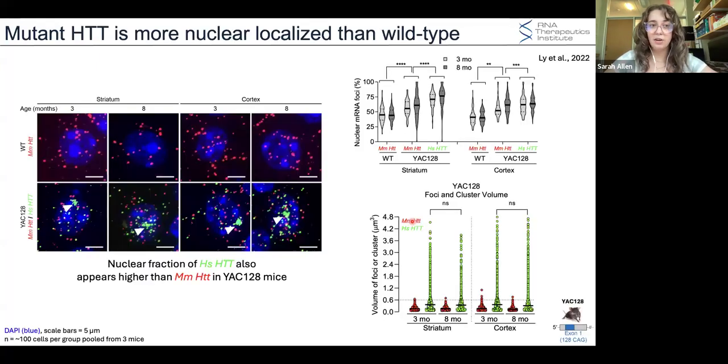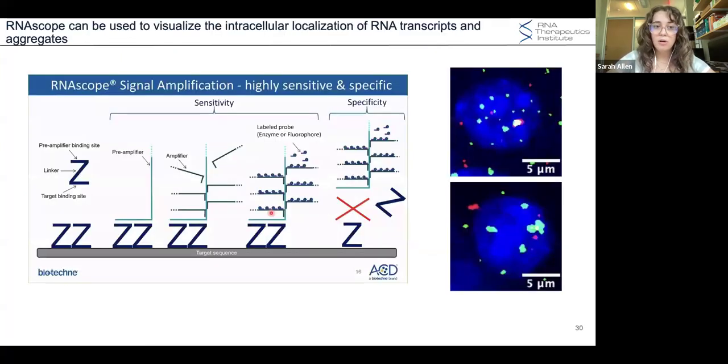I showed this data earlier, but again, we can see here that the human Huntingtin mRNA in green has much greater nuclear localization than the mouse Huntingtin. It's also forming these clustered structures within the nucleus. So we're able to measure this with RNAscope.